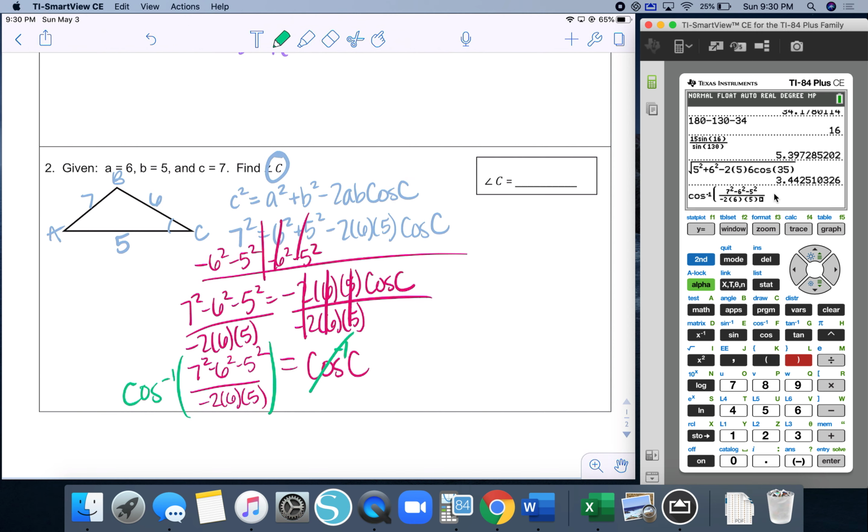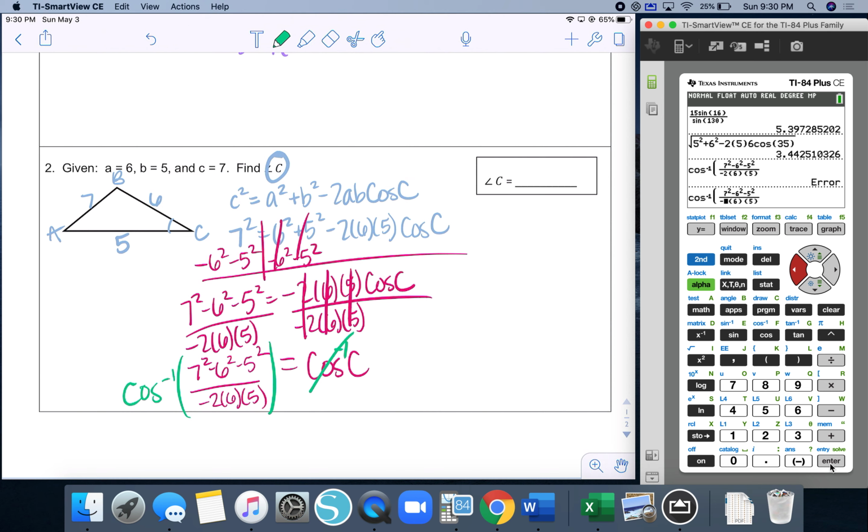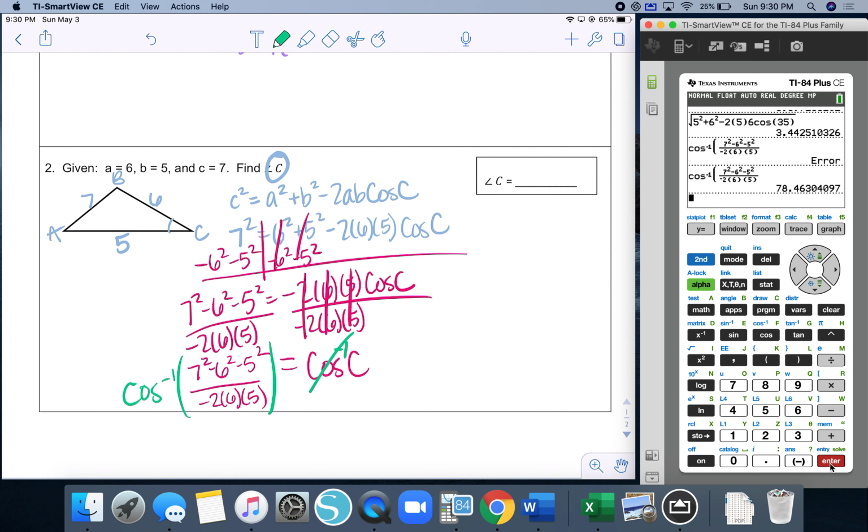This is just to show you that you can simplify this, or I can totally leave it and let the calculator do it. Oh, maybe not. Hold please. I'm betting I didn't do a negative. Smarter than the calculator. All right, so we get 78.4, so that would leave us at 78 degrees.